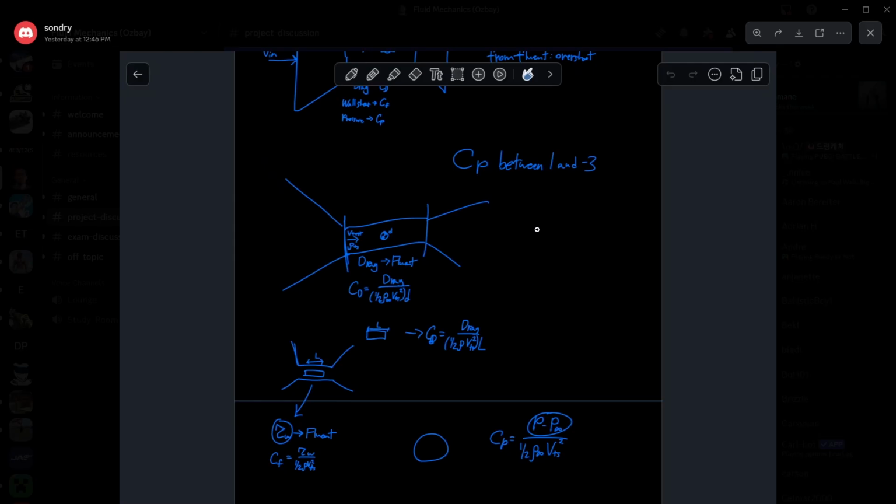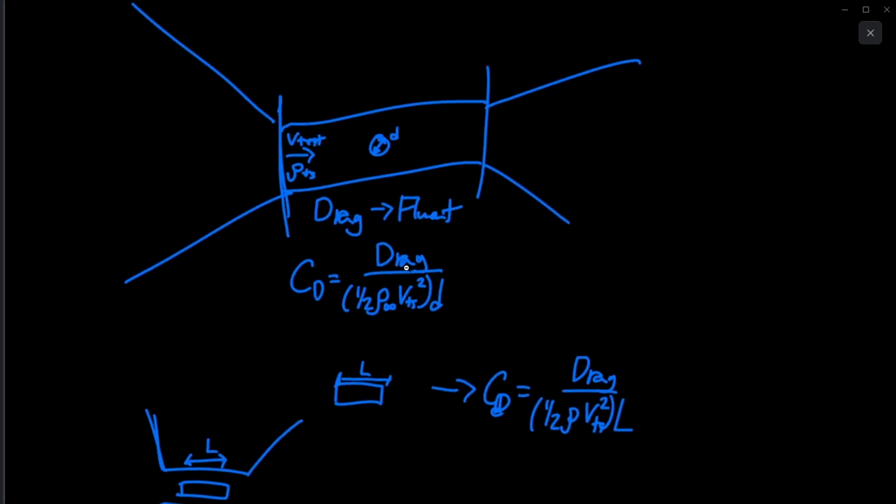This is from someone from the class. The drag coefficient formula for a cylinder is right here: drag force divided by 1/2 density times velocity in the test section squared times your diameter.